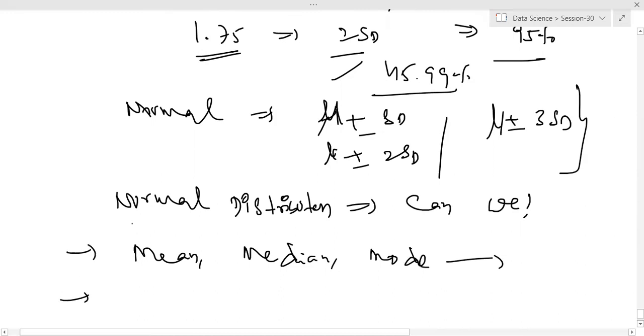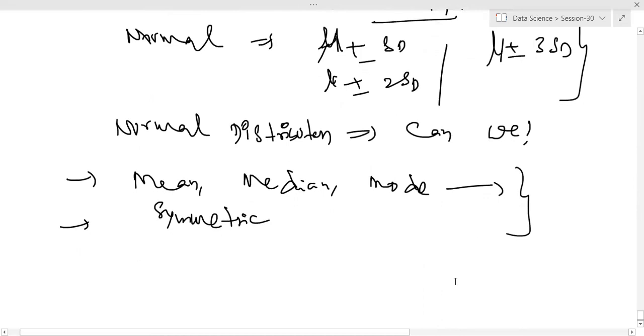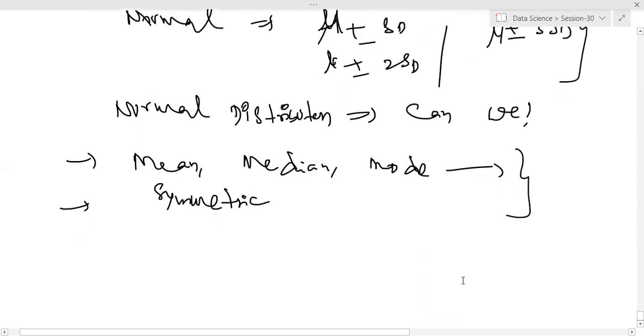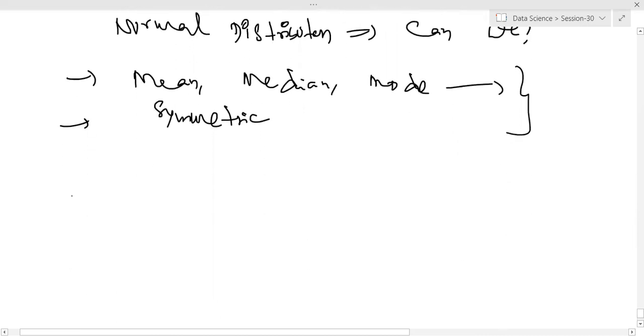What is the second important point? It must be symmetric in nature. Only then can I make use of mu plus or minus 1, 2, or 3 standard deviations. Now for tomorrow's aspect, what if my distribution is not normal, a non-normal distribution?